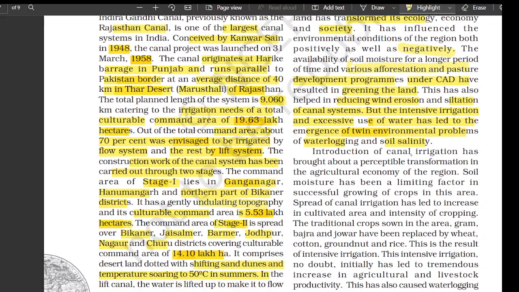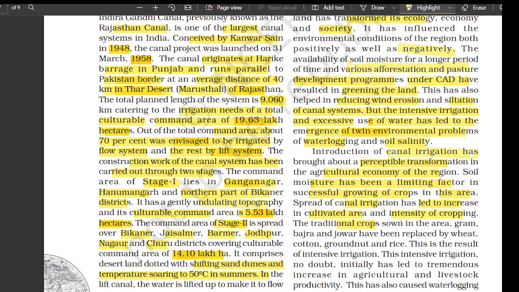Introduction of canal irrigation has brought about a perceptible transformation in the agricultural economy of the region. Soil moisture has been a limiting factor in the successful growing of crops in this area. Spread of canal irrigation has led to an increase in cultivated area and intensity of cropping.